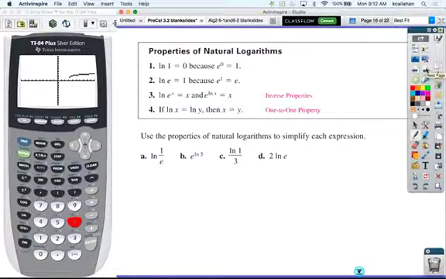So again, using those same properties, we should be able to simplify these expressions. Now, here's where it's starting to get a little more tricky, not because it's ln, just because they're throwing in a little more complicated. For example, ln of 1 over e, what do you think that's going to be?